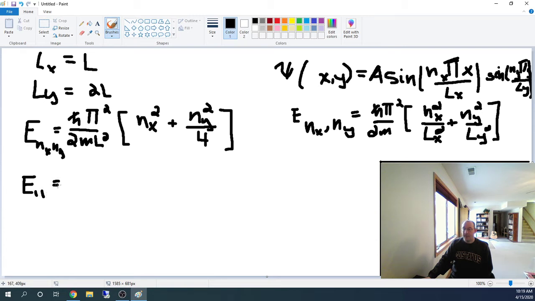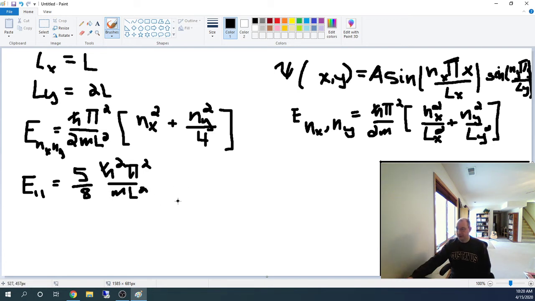That will be 1 squared, which is 1, plus 1 squared over 4. So the factor would be 5/4, 1 plus 1/4, and because of the 2 there, this would be 5/8 h bar squared pi squared over m L squared. So that's the lowest energy.